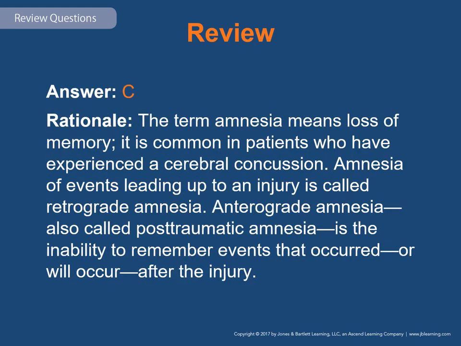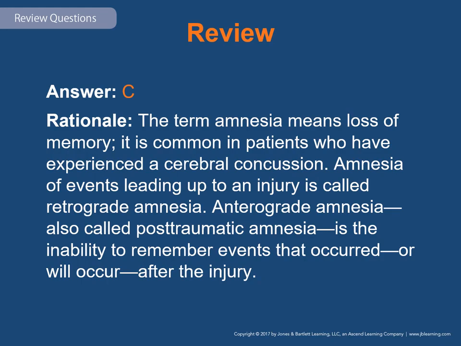It is C. The term amnesia means loss of memory. It is common in patients who have experienced a cerebral concussion. Amnesia of events leading up to an injury is called retrograde amnesia. Anterograde amnesia, also called post-traumatic amnesia, is the inability to remember events that occurred or will occur after the injury.